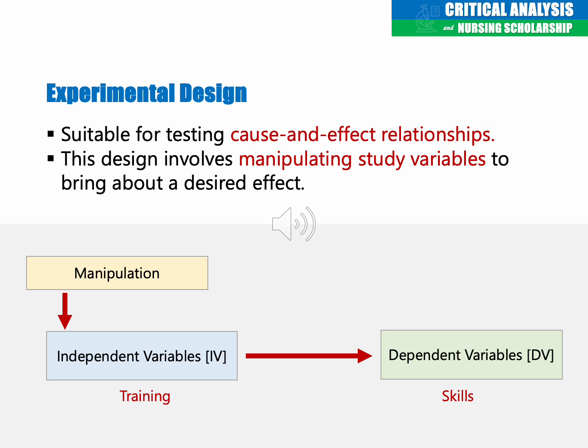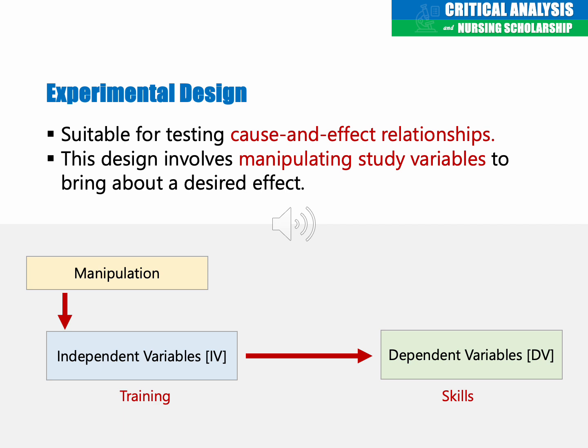Now, the key feature that sets experimental designs apart is the manipulation of variables. I want you to look at the PowerPoint slides in front of you. When we talk about manipulation of variables as a key feature of experimental research design, this means that the researcher actively changes or controls or manipulates the independent variable.